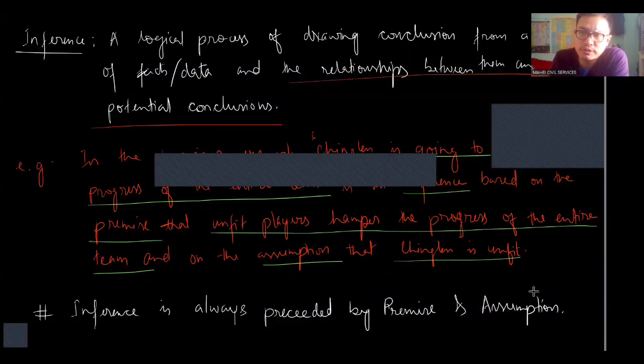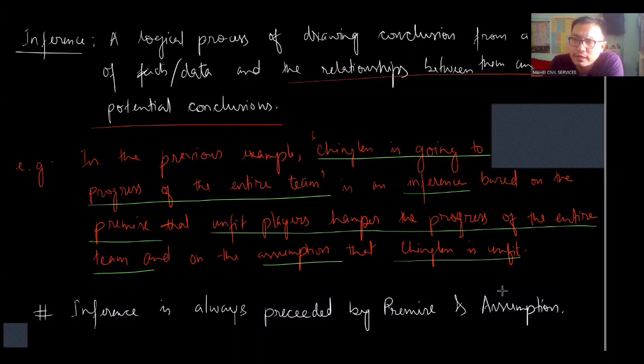The premise is already given: unfit players hamper the progress of the entire team. That's the premise. Now what is the assumption?